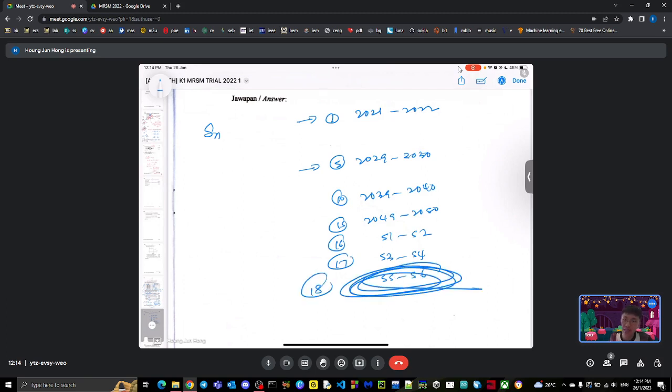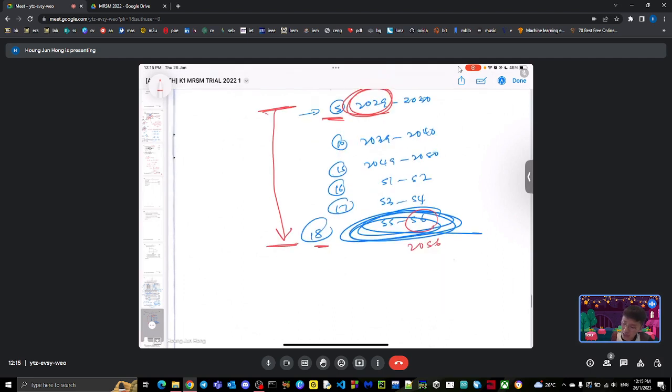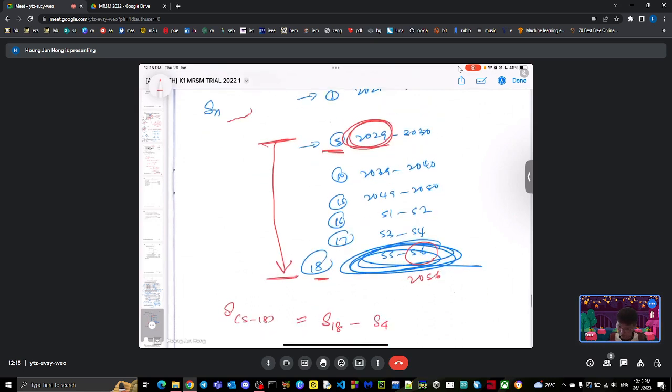So we want the sum of the fifth term up until the 18th term. Can you follow? Okay, yeah, because now we want the sum from 2029 until 2056. So it's actually the sum from your fifth term up until the 18th term. How do you find the formula for this? Basically it would be the sum of the first 18 terms minus the sum of the first 4 terms. Because the sum of the first 18 terms includes all of this.